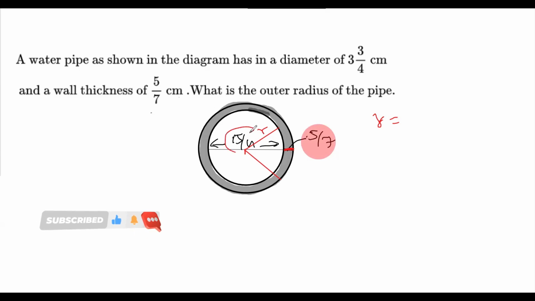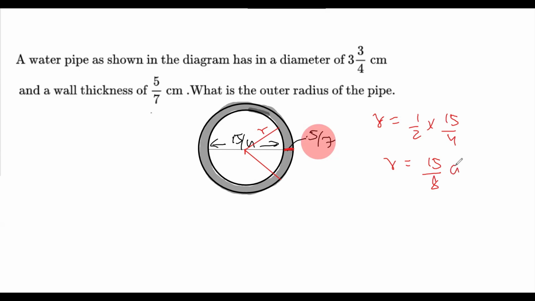It should be half of the diameter, right? Half the diameter is the radius. So half multiplied by 15 over 4 is the inside radius, that is 15 over 8 centimeter. And as I said, if I add the thickness to it, that should give you the outside radius. So the outside radius will be the inside radius, which is this, and then we are going to add what?